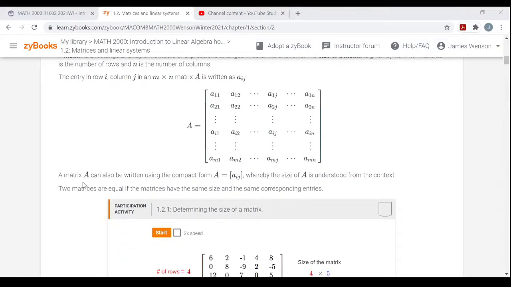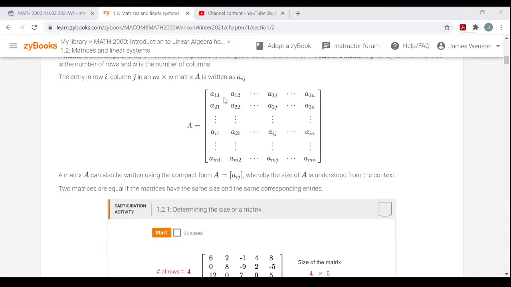So you can write the matrix A with a capital letter A, or put in matrix brackets with what every entry looks like, a little aij, whereby the size of A is understood from the context. Two matrices are equal if they have the same size and the same corresponding entries.